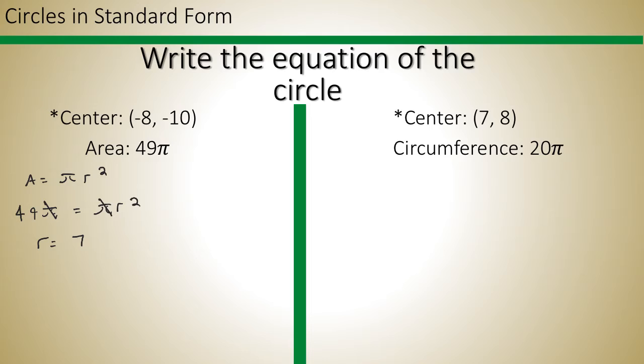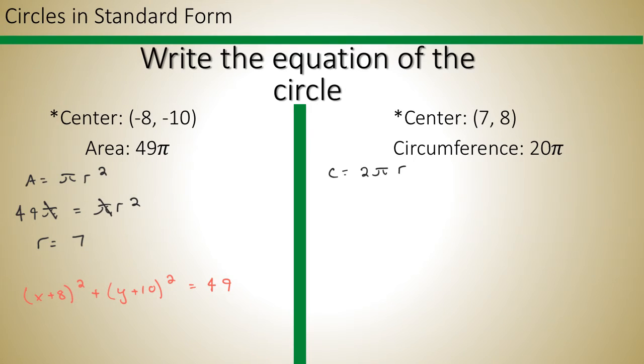To write the equation of this circle, we're going to say (x + 8) squared plus (y + 10) squared is equal to 49. This next one, we're given the circumference. Remember the formula for circumference is c equals 2 pi r.